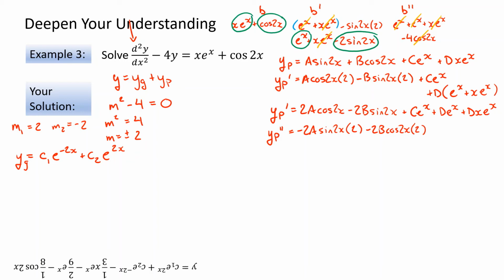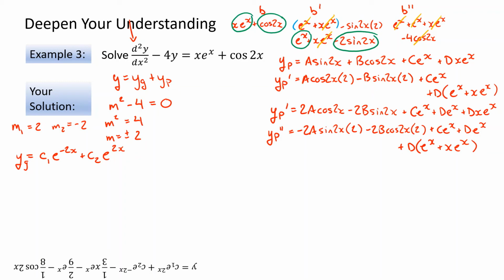The next two terms just have e to the x, so they stay the same, so plus c times e to the x plus d times e to the x. And our last term, again, remember the derivative of x times e to the x, we've already solved that, is plus d times the derivative of x times e to the x, which is e to the x plus x times e to the x once again.